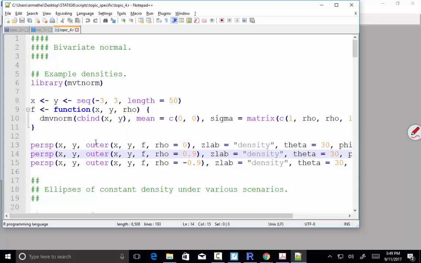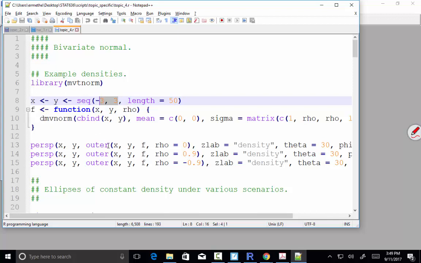It's not necessary that you do it for the homework, but for future reference, you might want to check out the outer function. So in this case, X is a sequence that goes from -3 to 3 with a length of 50. And Y is the same thing. Those two things together define the grid that I'm going to plot over.